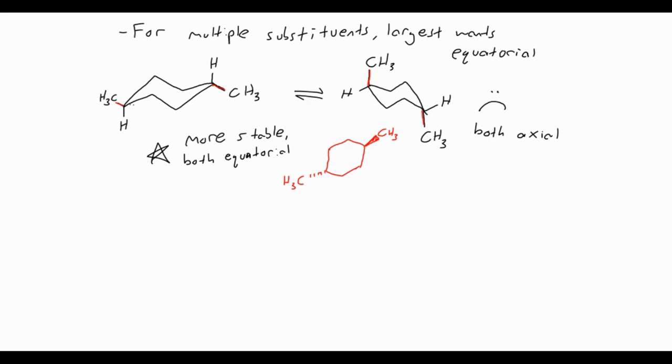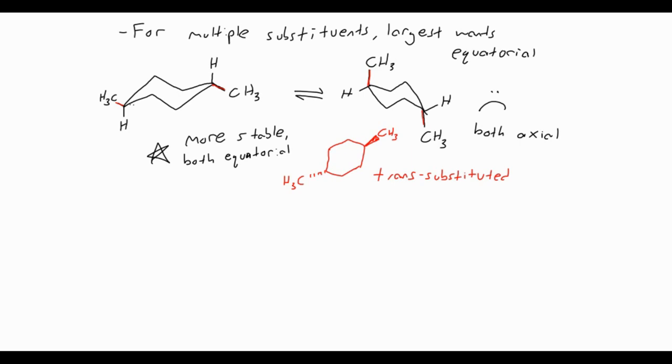So this is what we call our trans substituted cyclohexane. Remember that trans substituted, trans is across. So trans is going to mean that those substituents are on the opposite side.